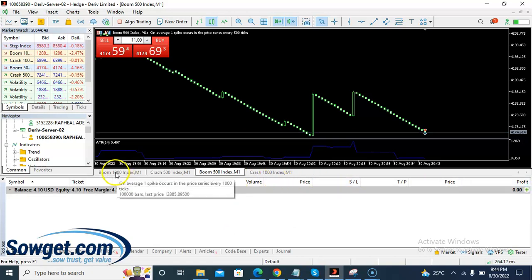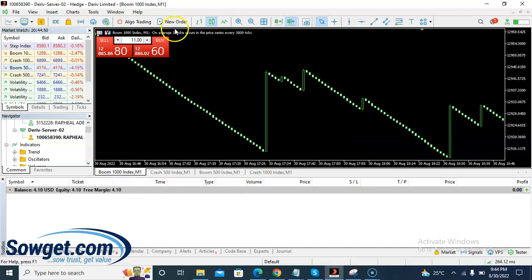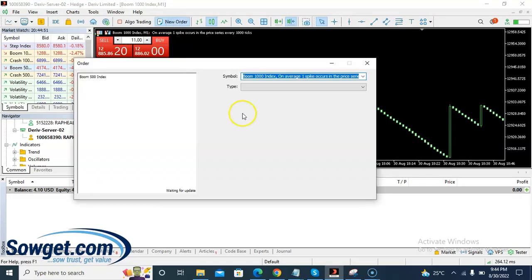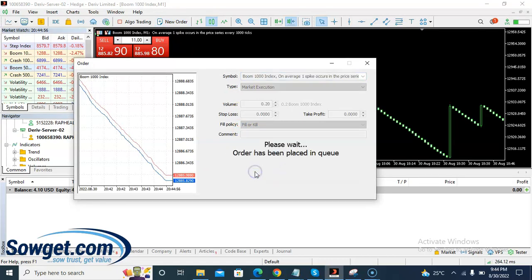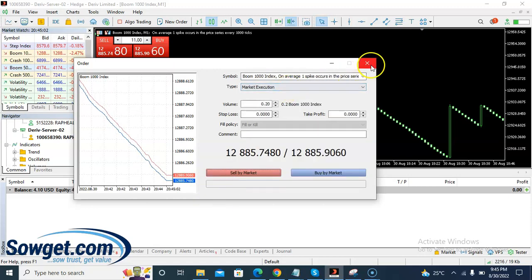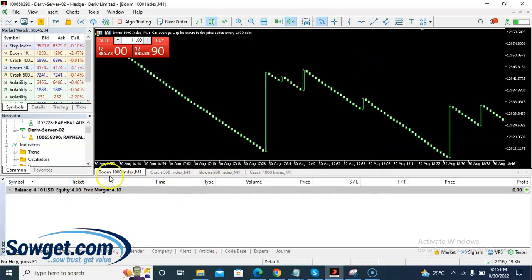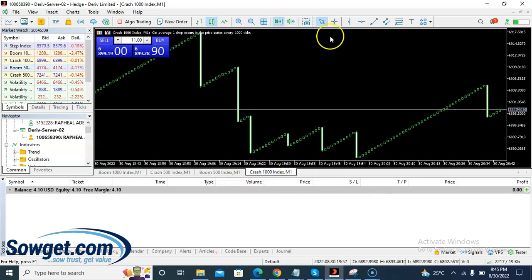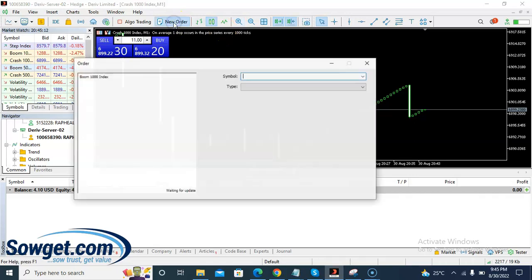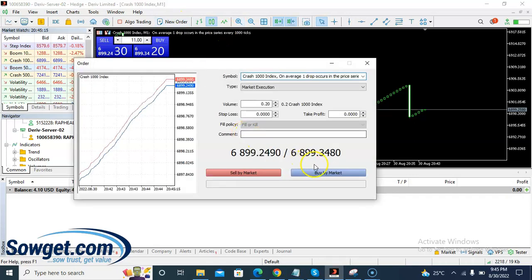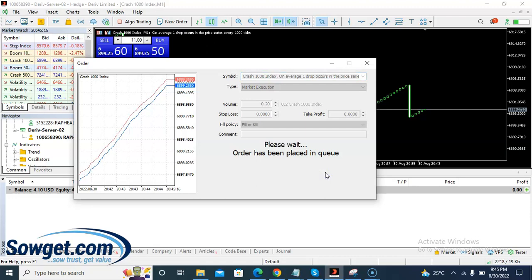All right, but if we try this now on the Boom 1000, let's see if it will go. Let's see. You can see on the Boom 1000, this same margin that we have is not enough to open a trade on Boom 1000. Okay, let's try on Cash 1000. Let's see if the trade will be able to go. Let's say we take a buy also. Let's try buy.